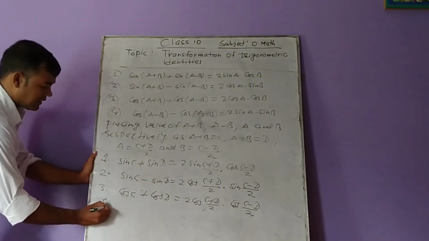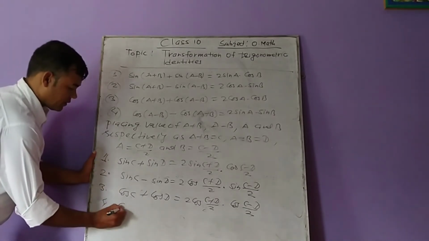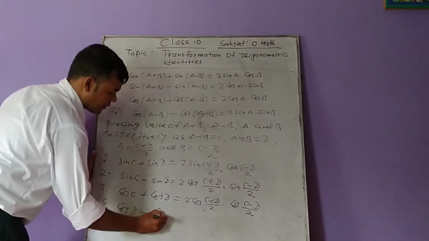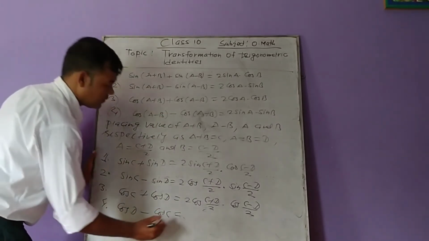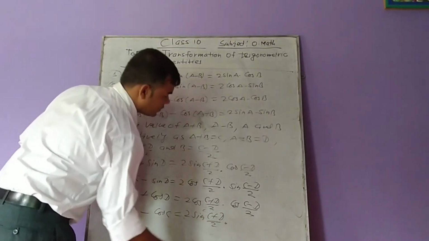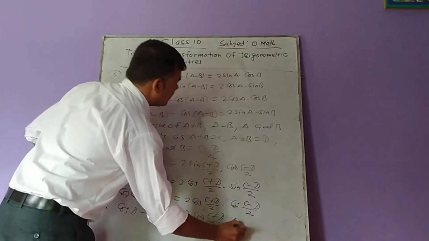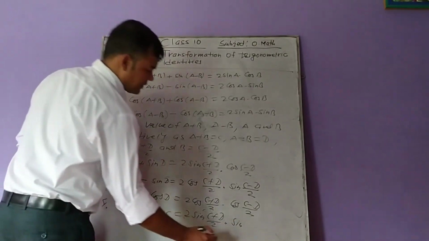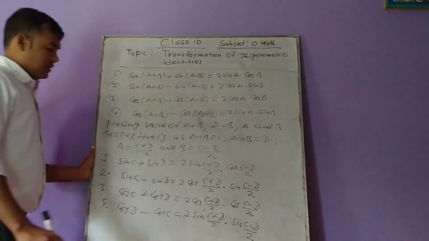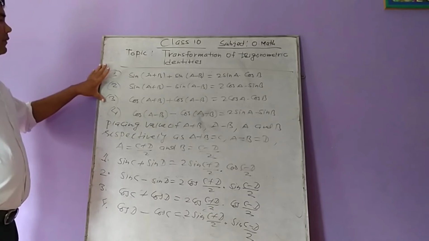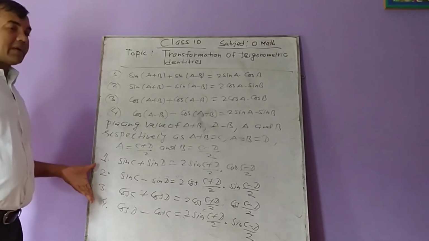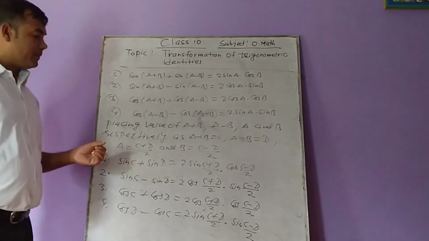In the same way, our fourth relation will be cos D minus cos C will be equal to 2 sin((C+D)/2) into sin((C−D)/2). So if you remember these 4 identities, you can easily remember other 4 identities in form of C and D.